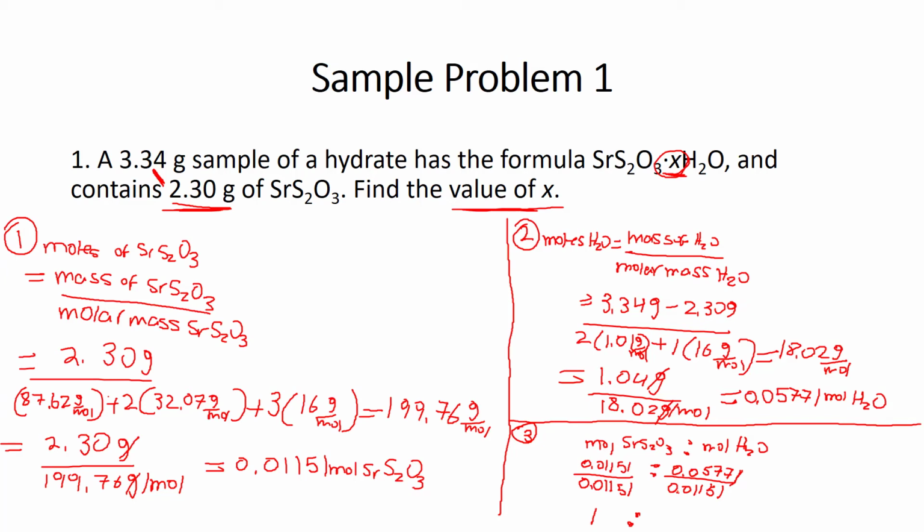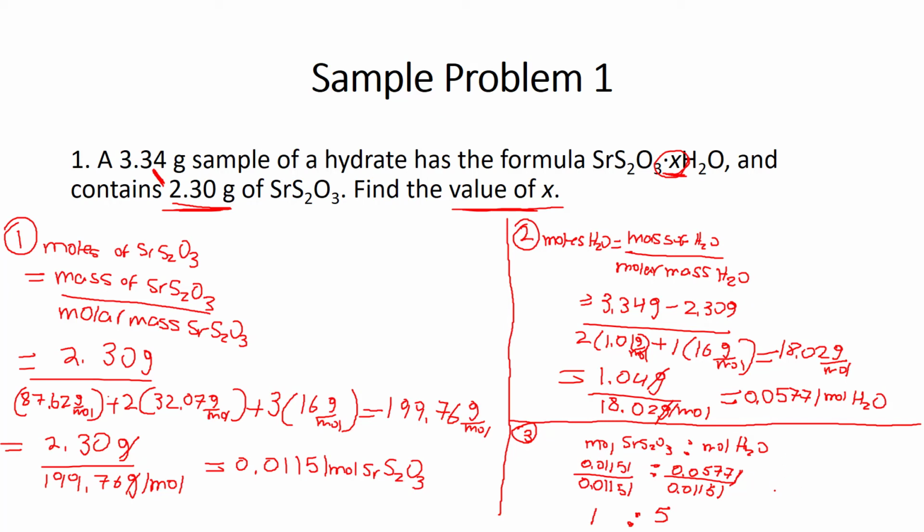0.05771 over 0.01151 gives us 5. So there is 1 mole of SrS2O3 and 5 moles of H2O.